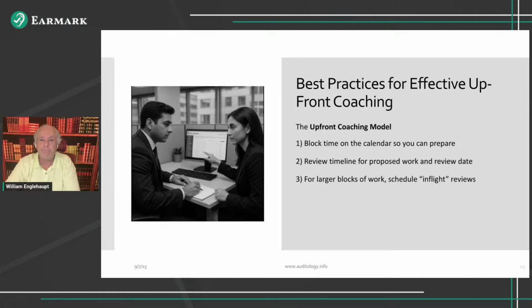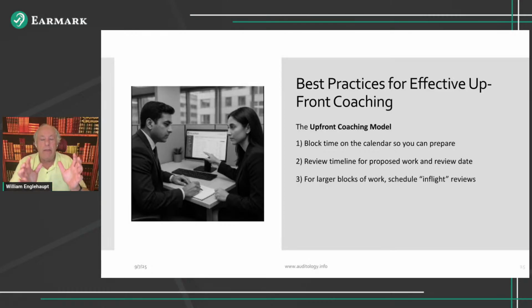So that's really important. And the other really good practice, and we've seen this with a lot of teams, is when there's a large chunk of work, think of a whole array of testing or ledgers that has to go through. One good practice is doing an in-flight review, which entails launching the work, but then telling the individual, why don't you do the first fill in the blank, XXX, and when you've got that first batch done, come in and we'll do an informal review and make sure you're tracking well.